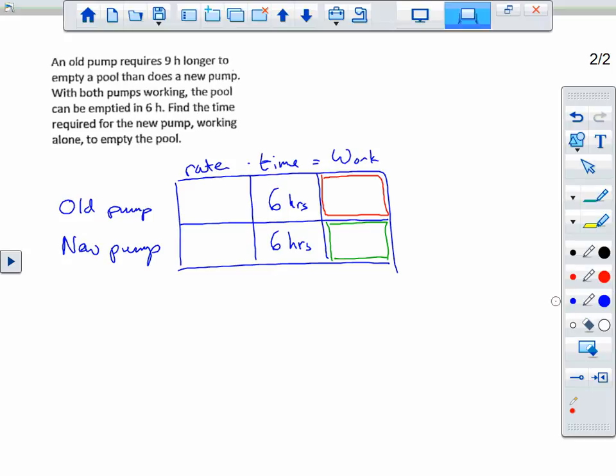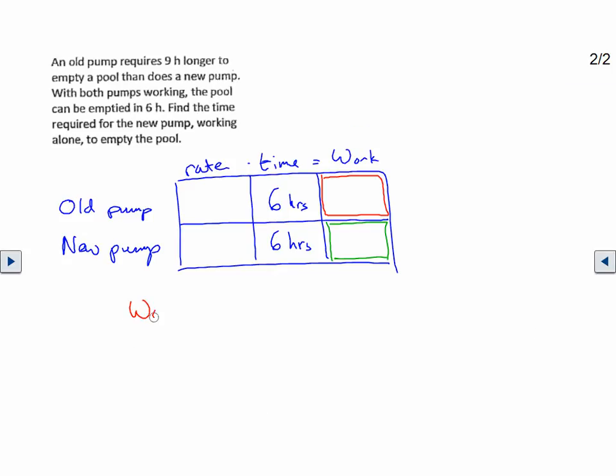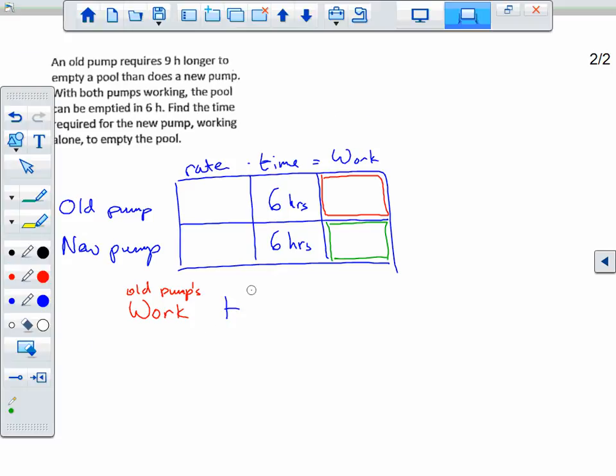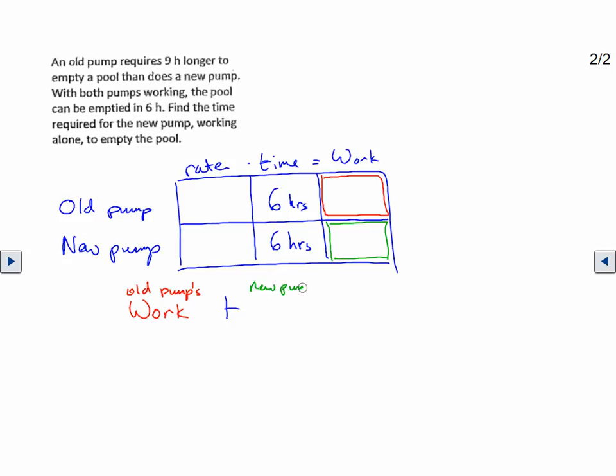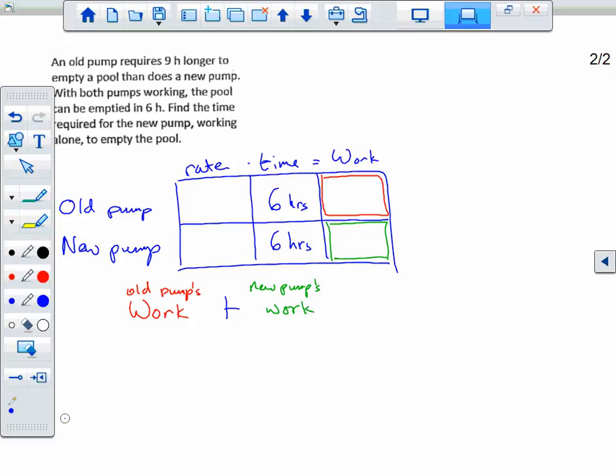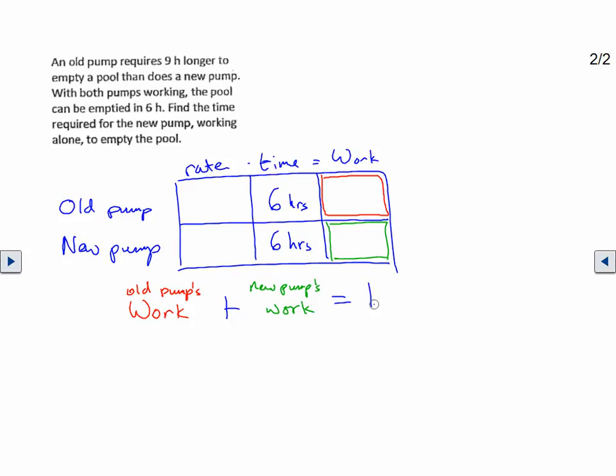What we know is that the old pump's work plus the new pump's work, which I have here in green, in those 6 hours, the amount of work they complete together is going to be one pool emptied. That's the total amount of work done by the old pump plus the new pump.